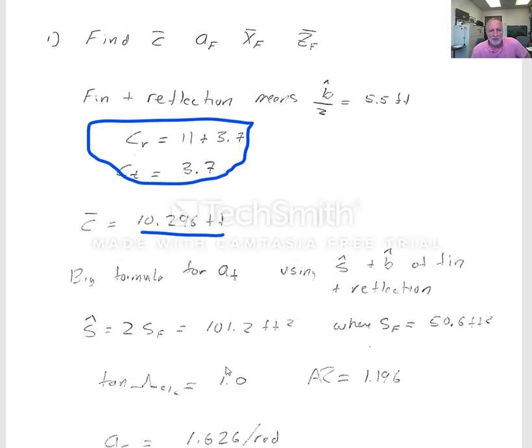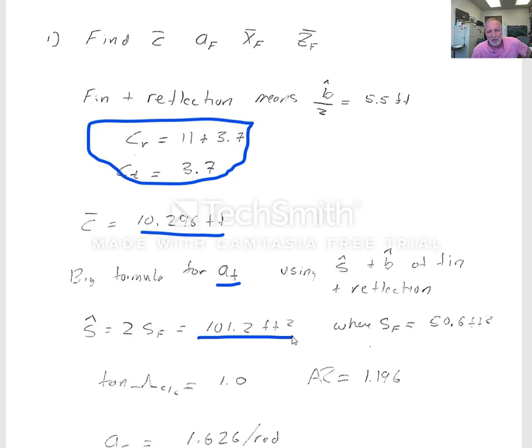Next thing you do is use the big formula for AF, so this is from Roscom. You're using the area, which is double the actual fin, and the fin span of double the actual fin, so that includes its reflection, and so your area is going to be twice that.